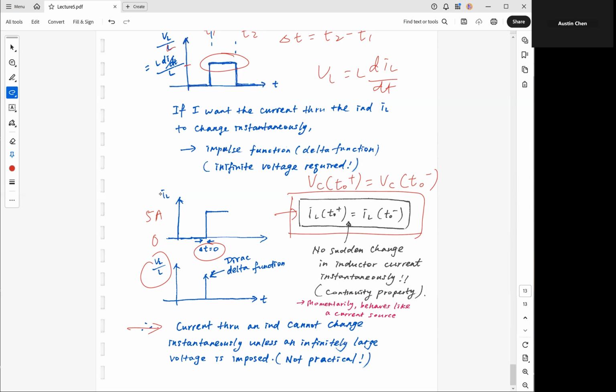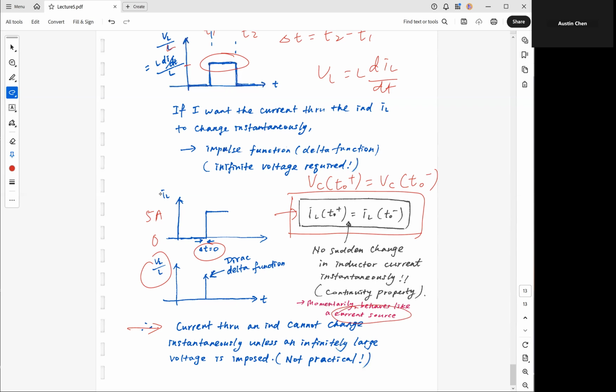So just like a capacitor, in duality of a capacitor, instead of having this inductor behave like a voltage source or like a battery, momentarily this inductor is going to actually behave like a current source. It's actually like a current source, not a voltage source.